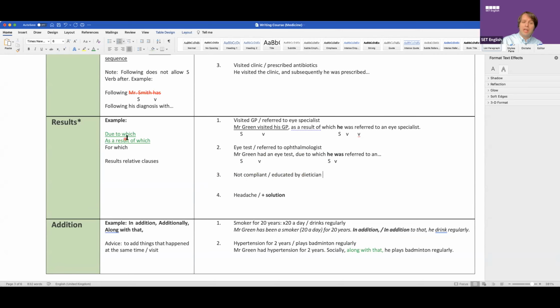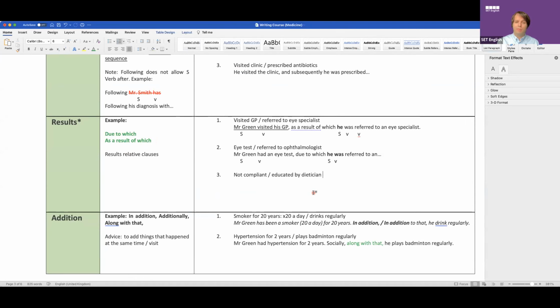Using this language here, go to the chat and type me a sentence. As a result of which, or due to which. Yeah, just try and use it. It's very nice to use relative clauses and results language in your timeline. It's really nice language, okay? And then I'll finish with, we don't have time for which today, so we'll leave that.